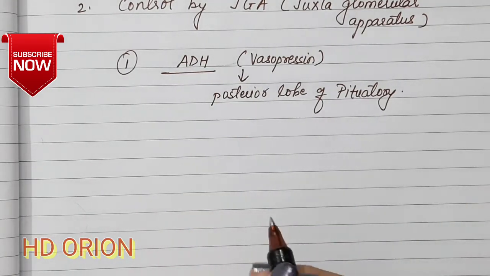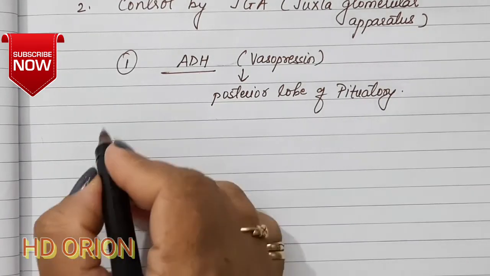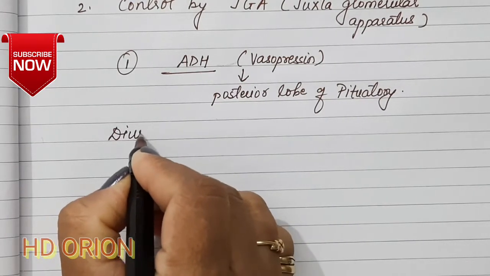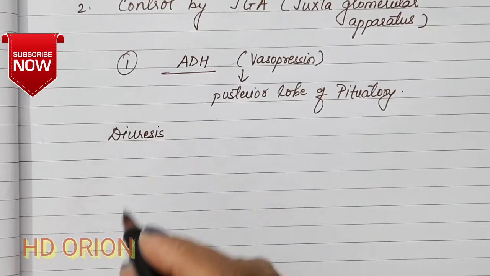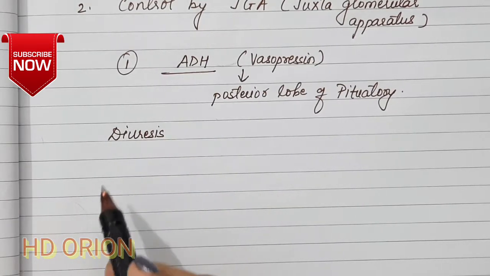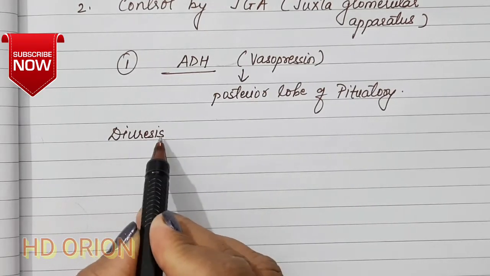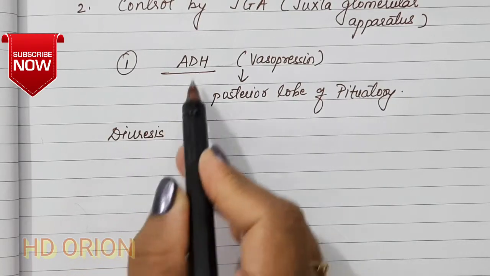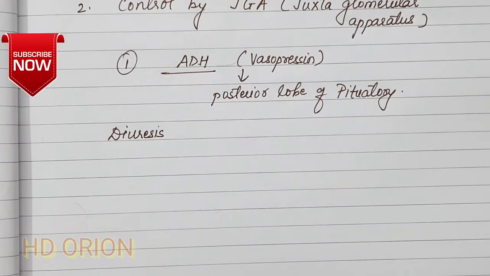Now, if there is a large amount of water in the urine, the condition is called diuresis. If an immense amount of water is excreted out in the urine, it is known as diuresis. Diuresis is controlled by the secretion of ADH. So ADH actually maintains the amount of water to be excreted.